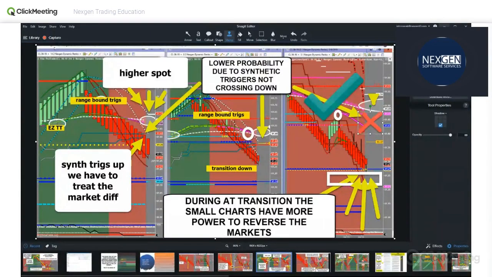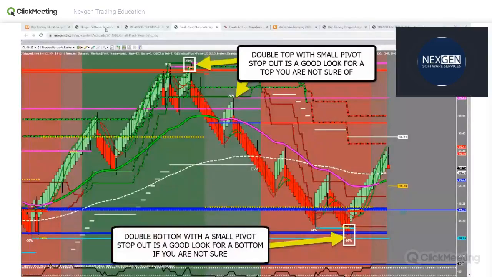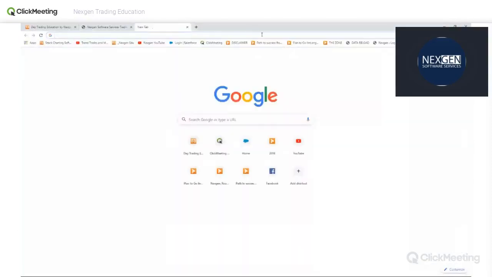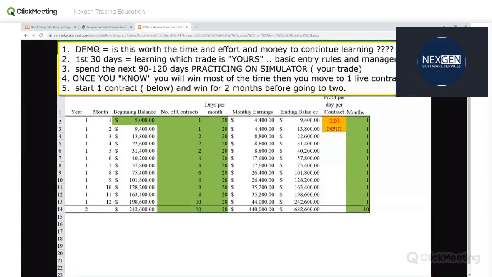So hopefully this has been a helpful little tutorial on how you're going to take our trading plan. And again, it's not just the plan. I want to give you guys the path to success. The path to success is always the same. During your demo, you have to say, do we really know what we're talking about?